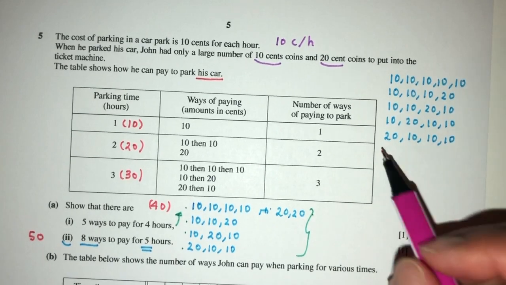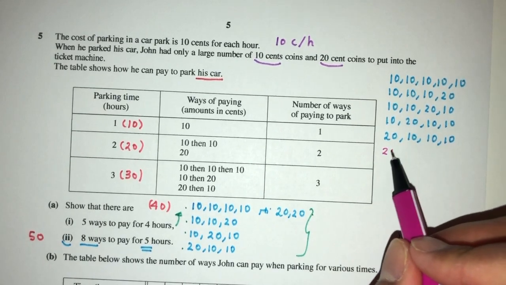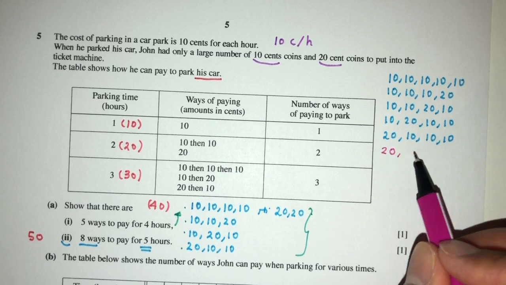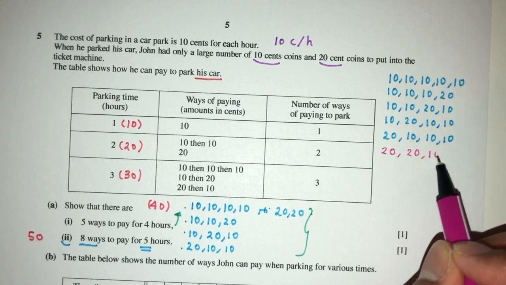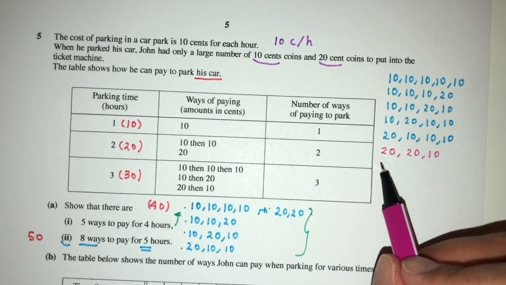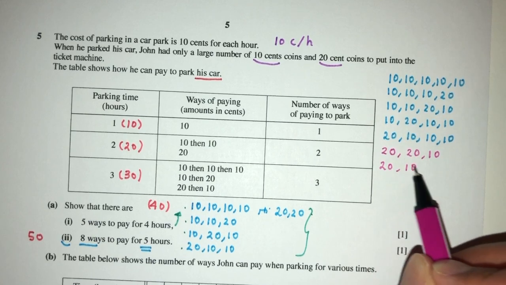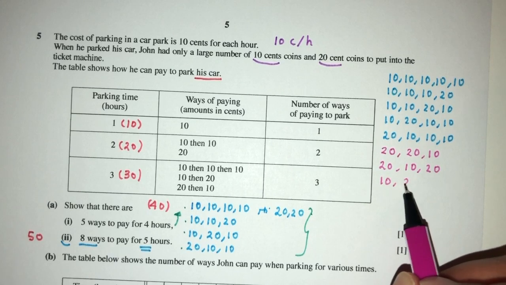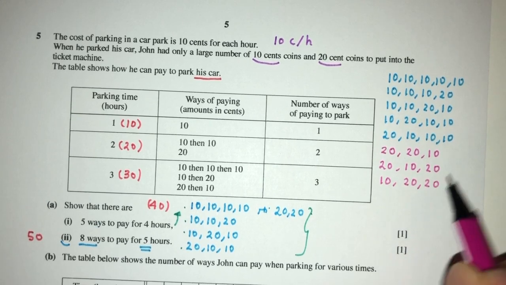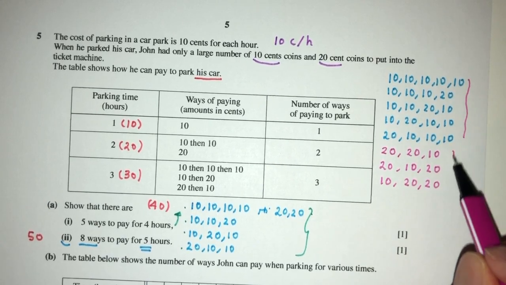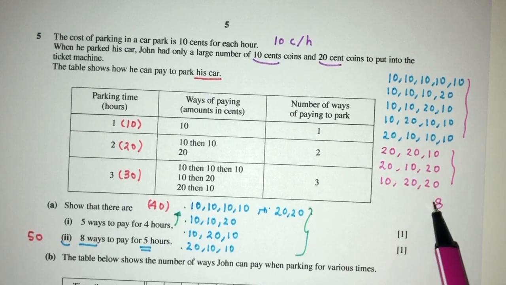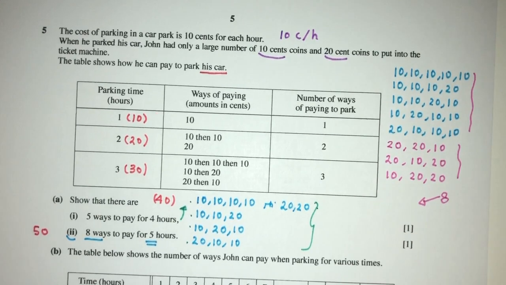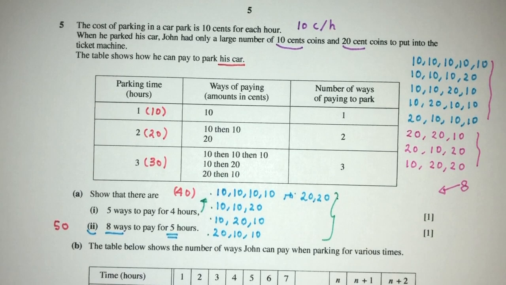So next one, we can pay 20, 20, 10, right? We can pay 20, 10, 20, or we can pay 10, 20, and 20. So 5 plus 3, that will be 8 ways shown as required. So that will be part 2 of the question.